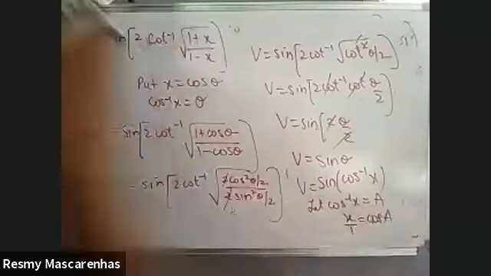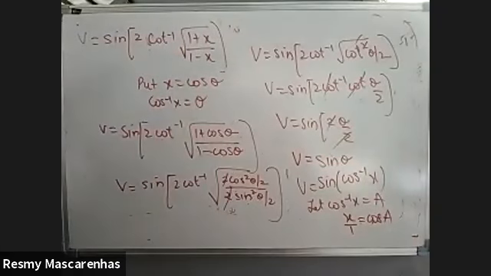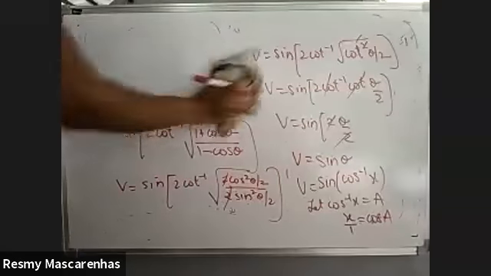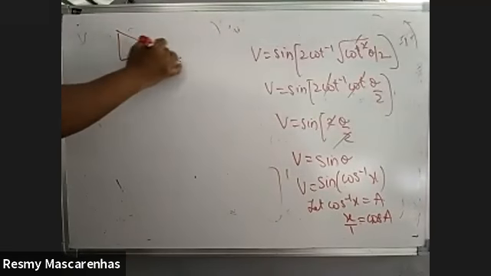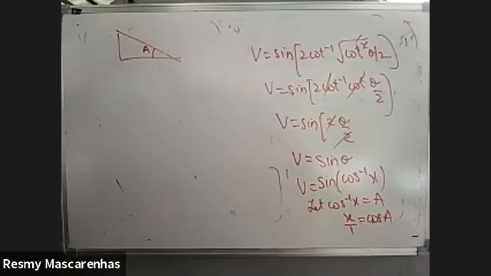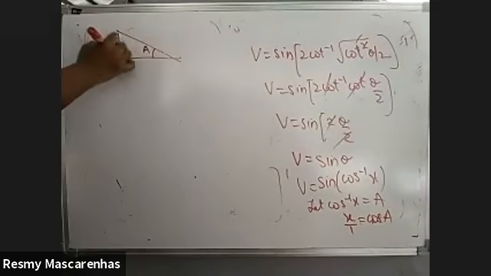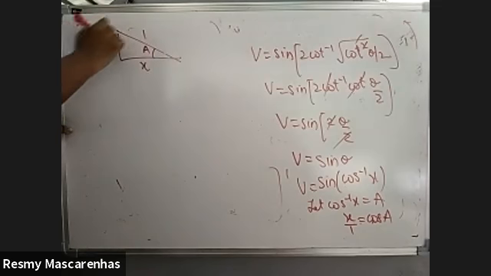So this will be cos a. Cos a means adjacent upon hypotenuse. So the third side will be root of 1 minus x square.